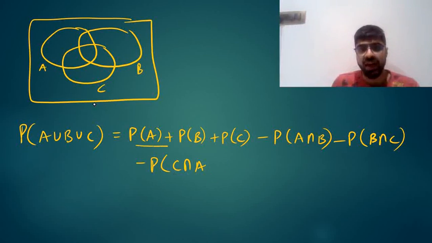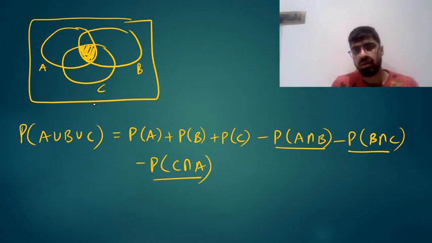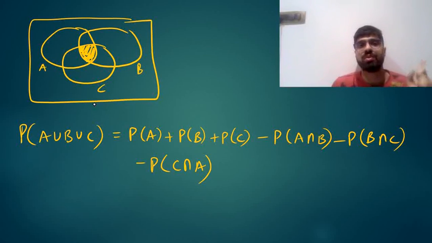When you said P of A plus B plus C, you counted the elements of A intersection B intersection C. A intersection B intersection C means this area. You counted the elements common to the three sets one time, two times, three times. But when you subtracted A intersection B, B intersection C and C intersection A, you subtracted these elements three times.